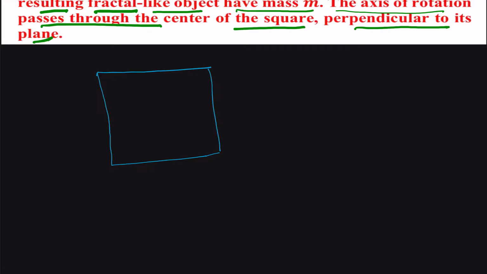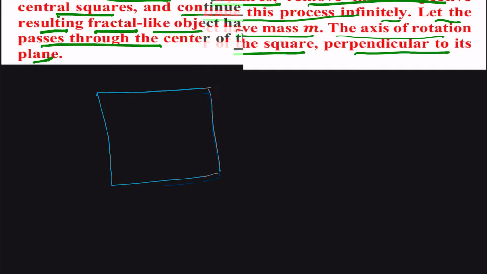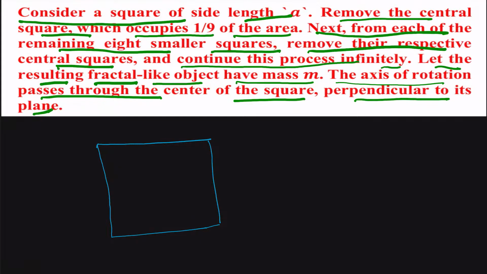and it says that the central square will be removed first, and therefore we can divide this entire square into, so this is the central square which is to be removed first.